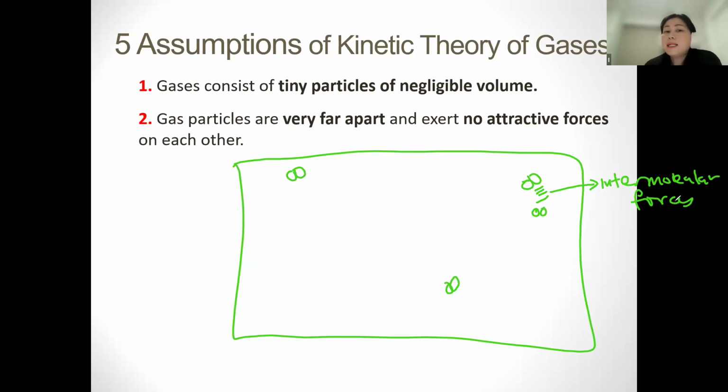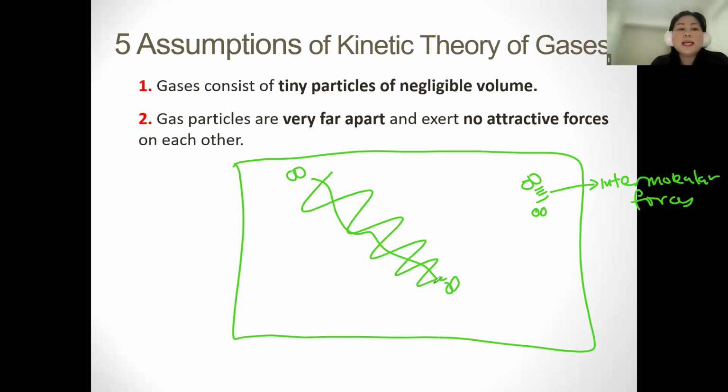But the assumption behind the gases that we are using is that the gaseous particles are very, very far apart, and therefore in between them there are totally no forces of attraction. So we are imagining the case where there are no intermolecular forces between gases.